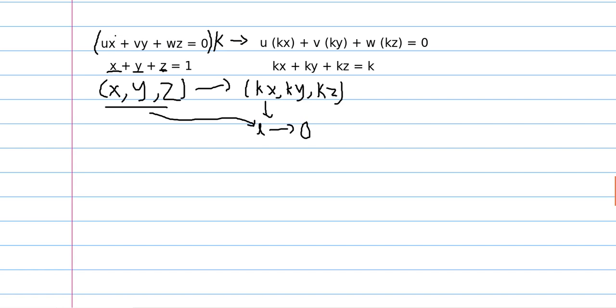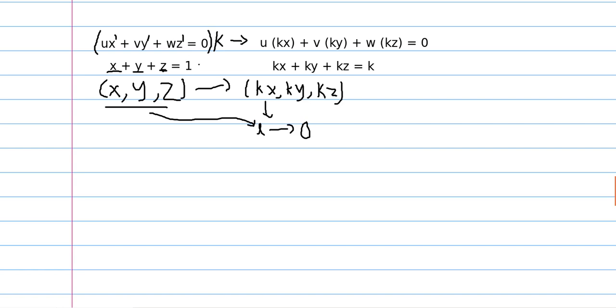So here we have u, which is a constant, times x to the first power. So this is a first degree term. We have y to the first power and z to the first power. And then we have 0. If we can rearrange it so that each term is the same degree, and then we have that equal to 0, then this is a homogeneous equation. If we had anything other than 0, if we had 1, then it would not be homogeneous.